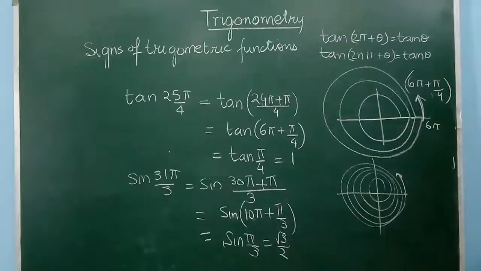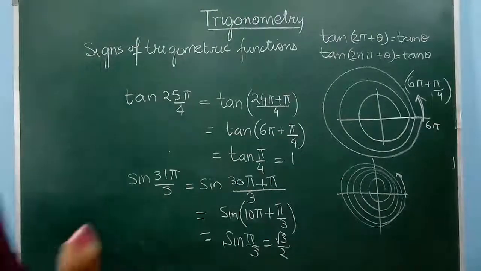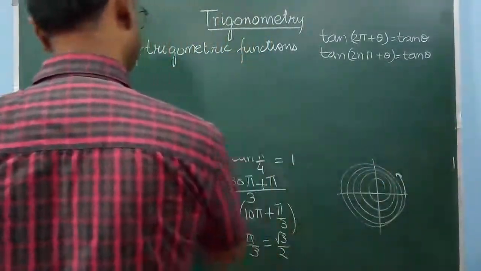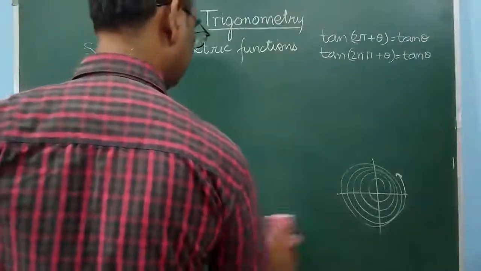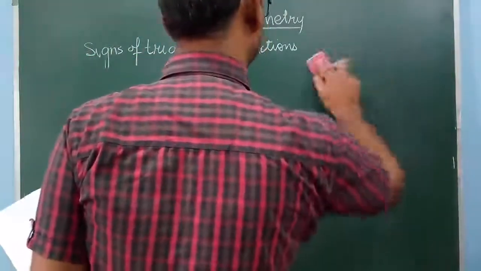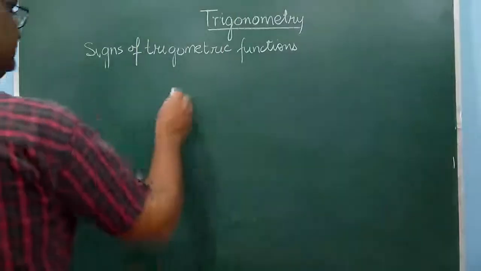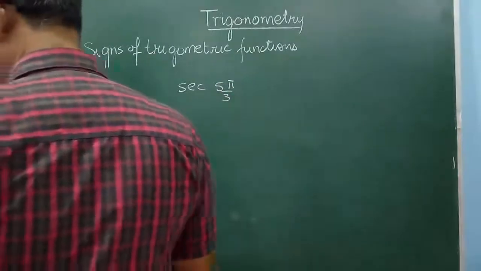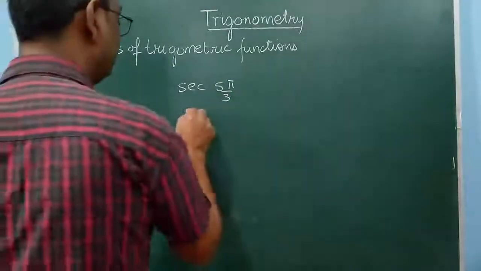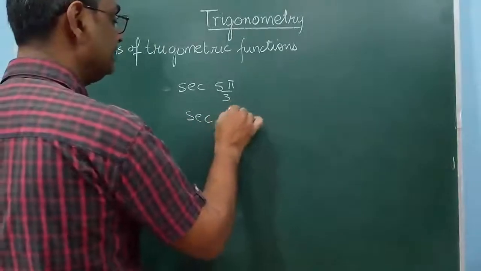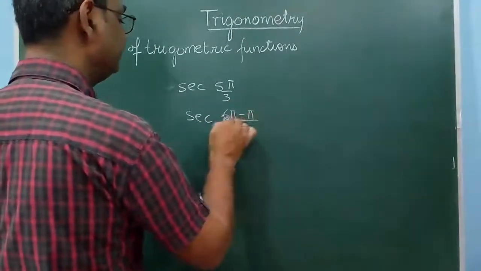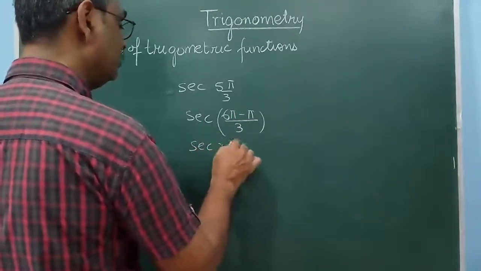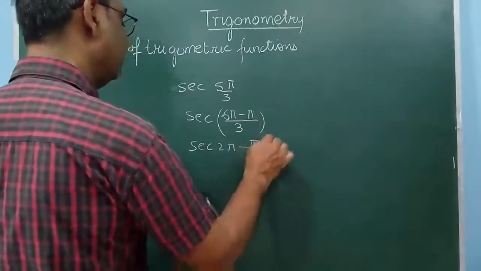Now the next one, sec 5 pi by 3. This will be sec of 6 pi minus pi by 3, that is sec of 2 pi minus pi by 3.